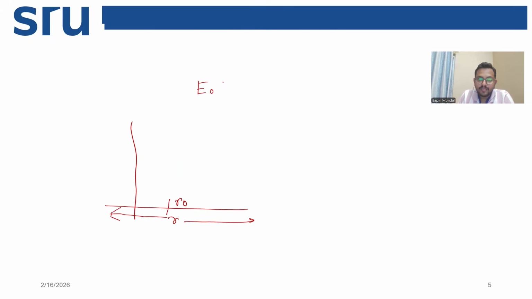First we plot E0, which is stable when R is less than R0. So in this region, E0 is stable.